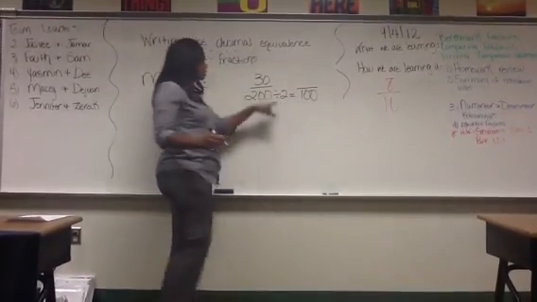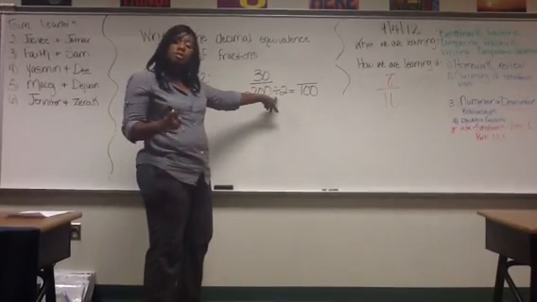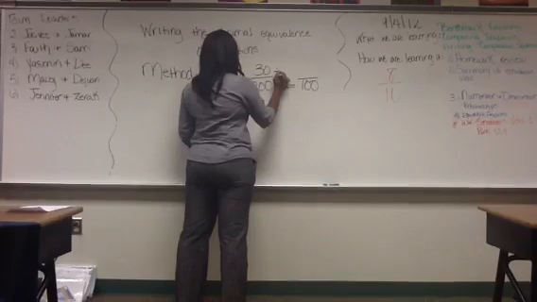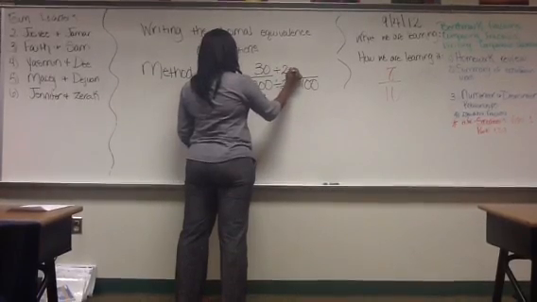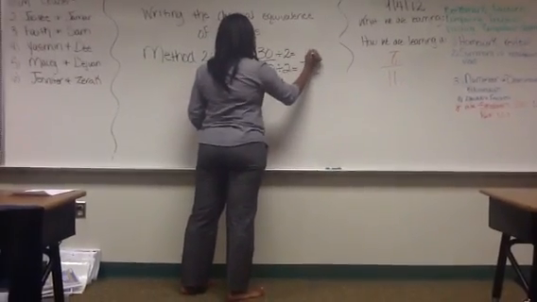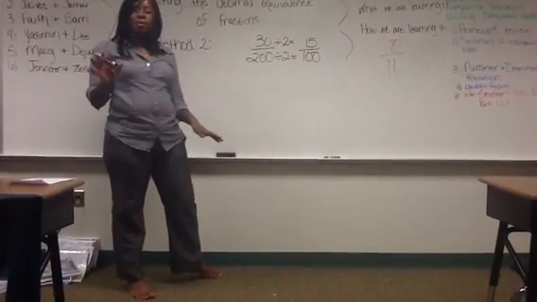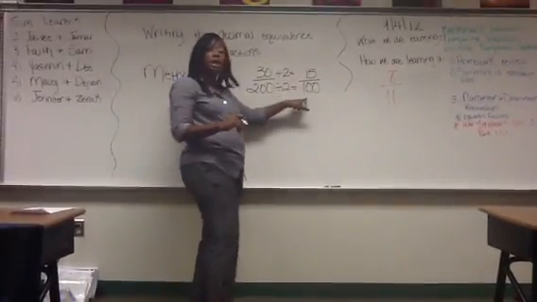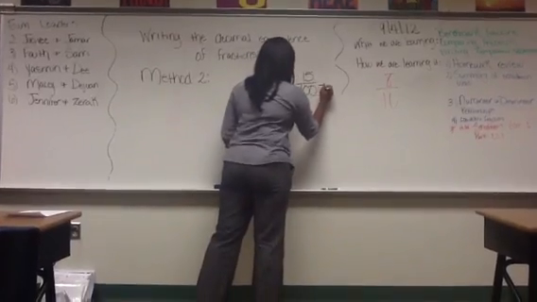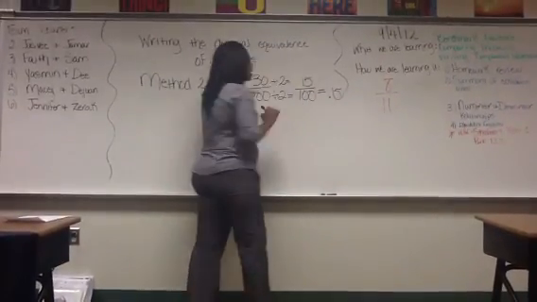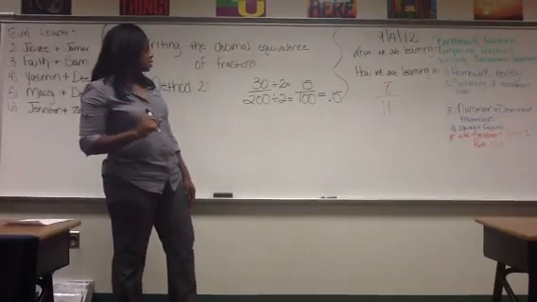And since I divided by 2 in the denominator, I also need to divide by 2 in the numerator. 30 divided by 2 is 15. We can't stop there. 15 hundredths should look and sound just like 15 hundredths as a decimal.